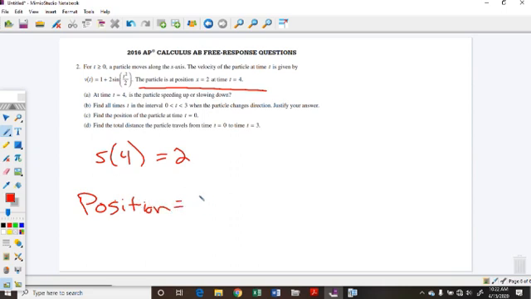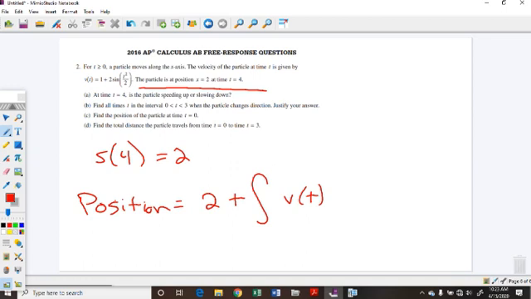is equal to 2 plus, remember that if we integrate velocity, okay, if I integrate velocity, then I get displacement, okay? So I'm going to do that, find the position of the particle at time 0.